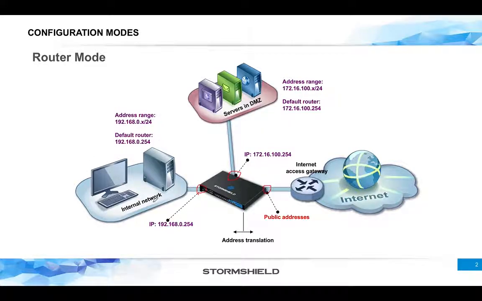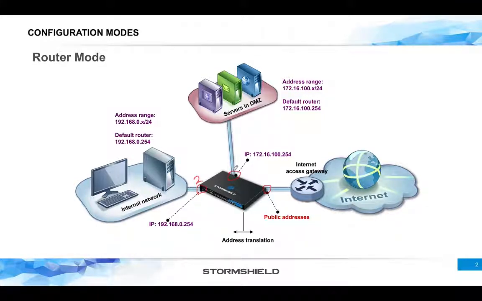So here I have, for example, the internal network. It has a subnet 192.168.0.2 whatever, and the default gateway is 0.254, which is the IP of this interface of the firewall. Let me call it port number 2, so we can make the example simple.